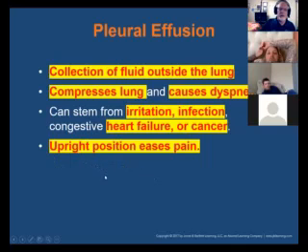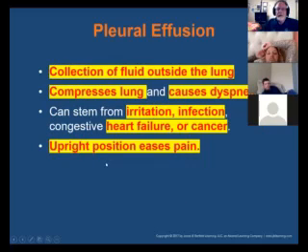Usually these patients want to be in an upright position, and there'll be a certain position where they don't feel the pain as much, they don't feel the difficulty breathing as much, and that's where they want to be. And we transport them in what's called the position of comfort, right? Wherever they feel most comfortable, whatever eases the pain.